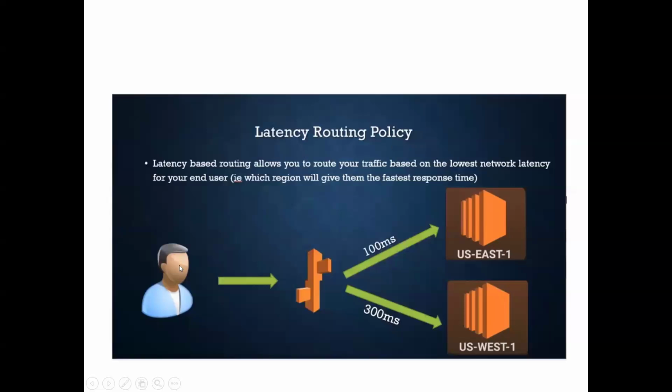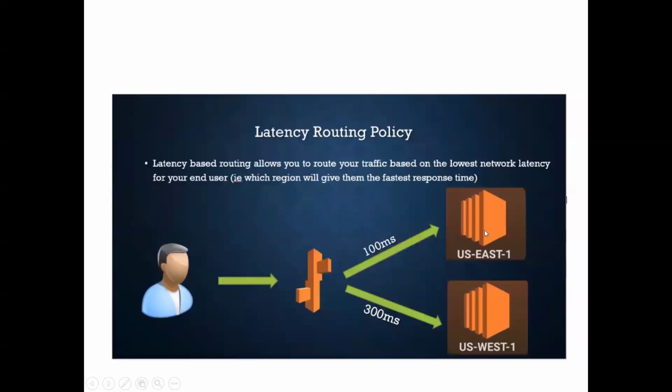Again, I'm trying to explain. Consider this particular customer is staying in the US East 1 region. For him, which is the nearest region, US East 1 or West 1?